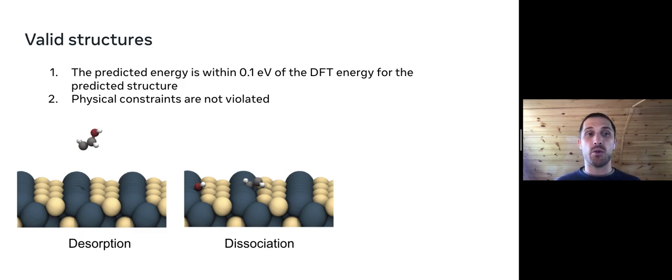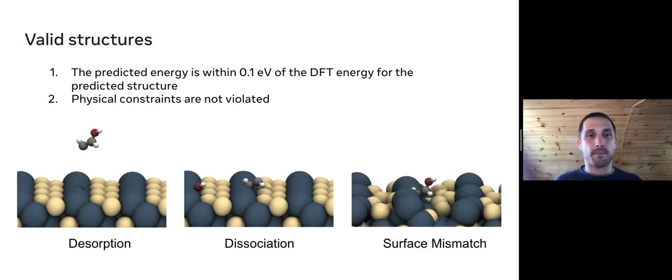And in this case, you have two adsorbates on the surface. And this, again, is not the absorption energy that we're looking for of the original adsorbate. Third, we have a surface mismatch. So this is when, during relaxation, maybe the surface reorganizes and would result in the energy referencing scheme no longer being valid.